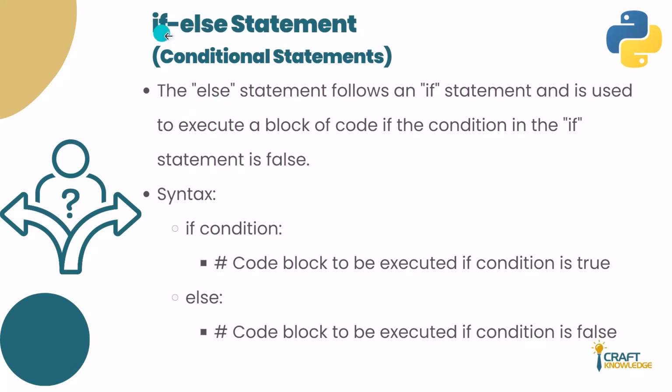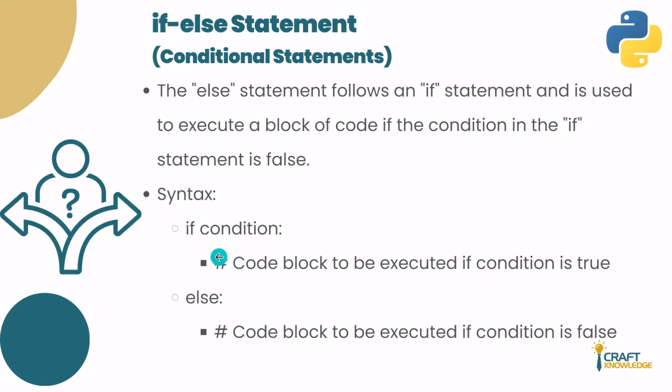If is exactly the same thing, but the else part is new. So the else statement follows an if statement, obviously, and is used to execute a block of code if the condition in the if statement is false, right?